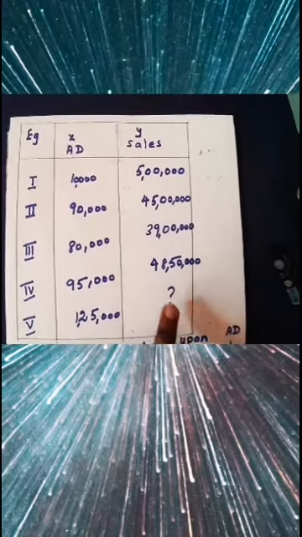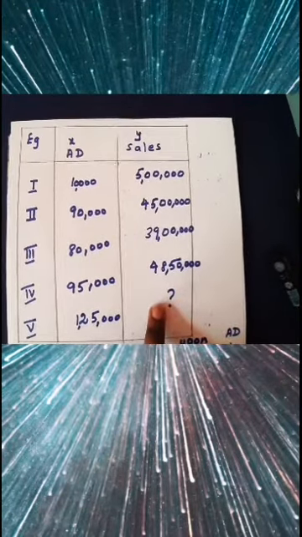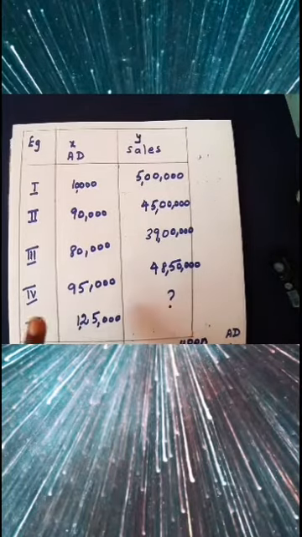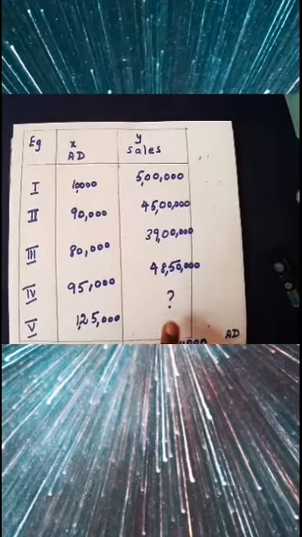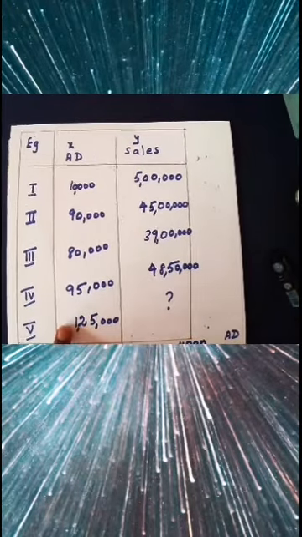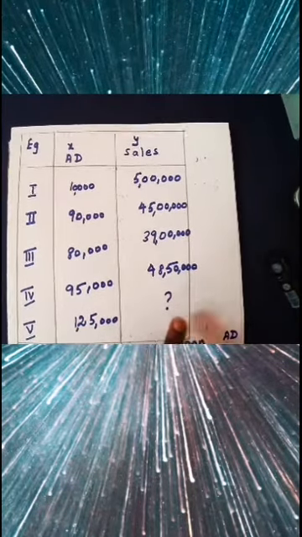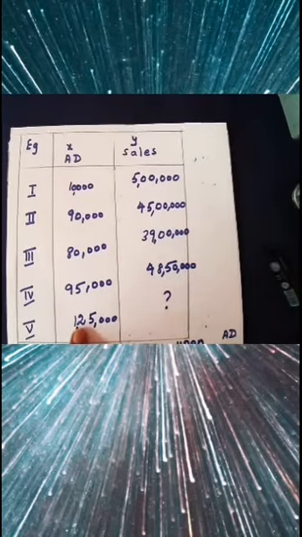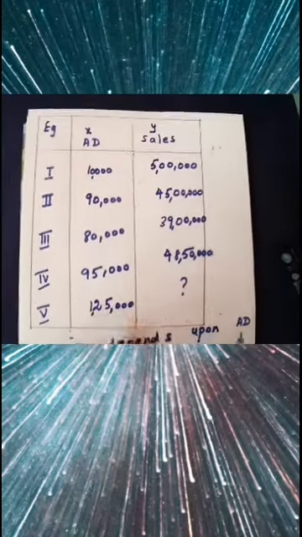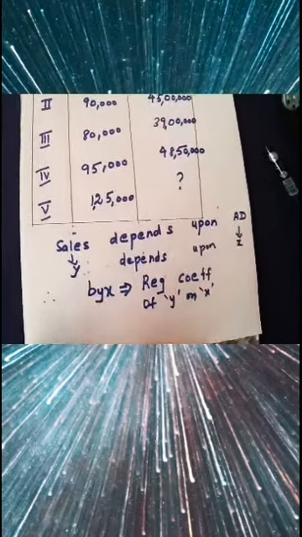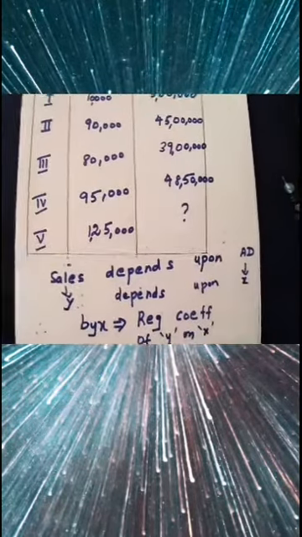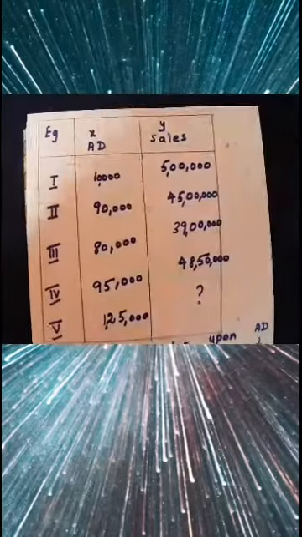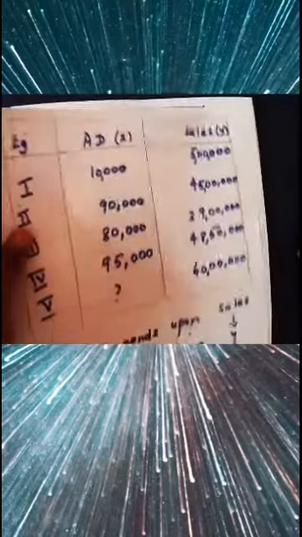Here we are going to predict the y, where x is already known, which means y is dependent on x, that is sales is dependent on the advertisement, right? And then I can write this as byx, which is the regression coefficient of y on x, correct?